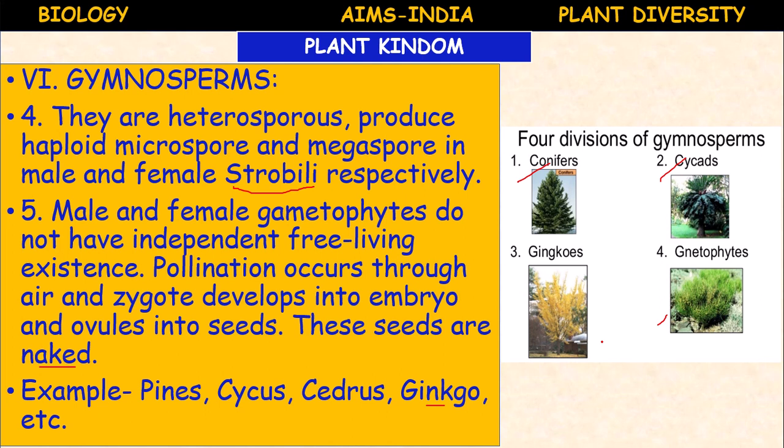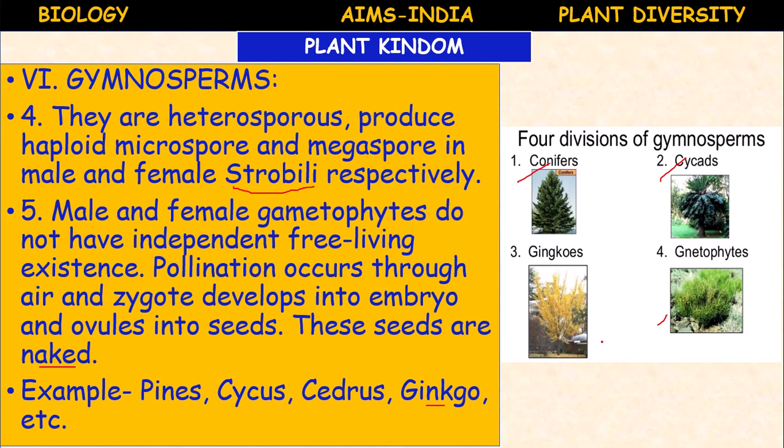Unlike bryophytes and pteridophytes, in gymnosperms the male and female gametophytes do not have an independent free living existence. They remain within the sporangia, retained on the sporophytes. The pollen grain is released from the microsporangium. They are carried in air currents and come in contact with the opening of the ovules borne on megasporophylls.